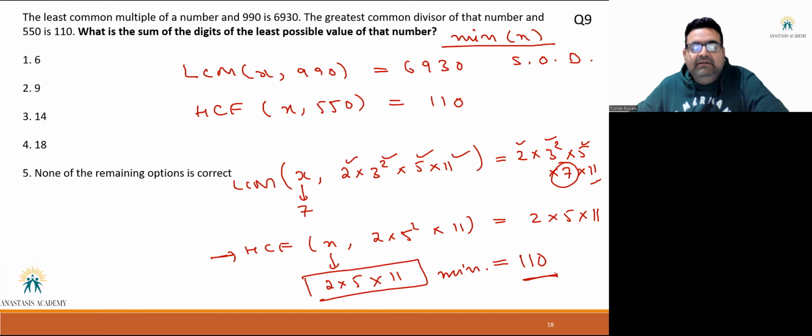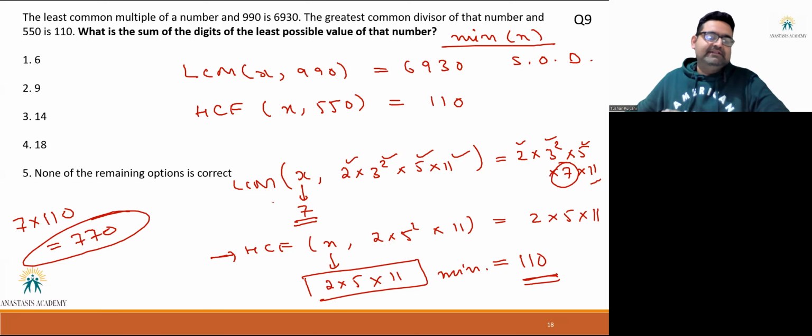So 2, 5, 11 was the minimum to be taken here, and another 7. So the minimum value of X will be 7 into 110, which is 770. So these factors, 2, 5, 7, and 11, have to be there in the least possible value of X, 770. Final answer we were supposed to tell is the digit sum. 7 plus 7 plus 0 is 14.